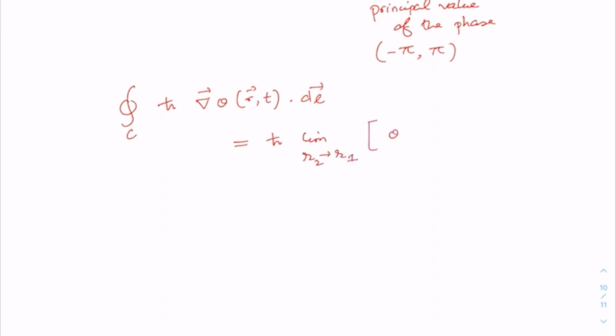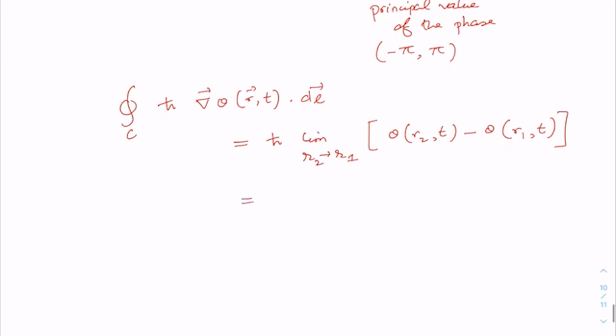So using this fact, I can now work out this integration. This part is going to give me the integration around this closed path of h cross gradient of theta of r,t dot dl. I think it's easy to see that you can write it as h cross, if I take the limit, I will explain, r2 tends to r1, theta evaluated at some value r2 minus theta evaluated at r1, t, because the radius is basically the same, r2 tends to r1 in that limit.